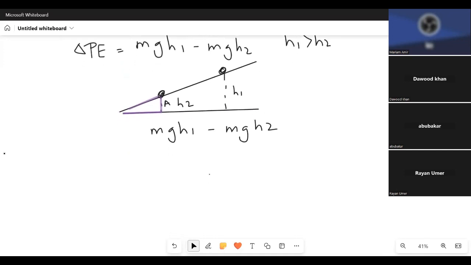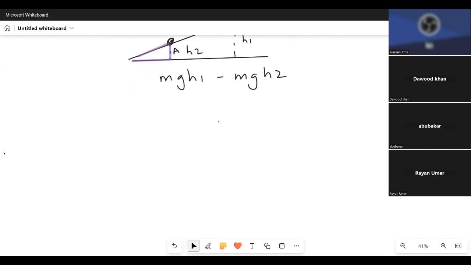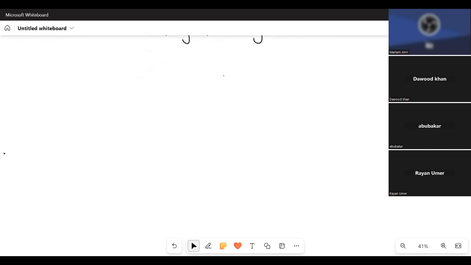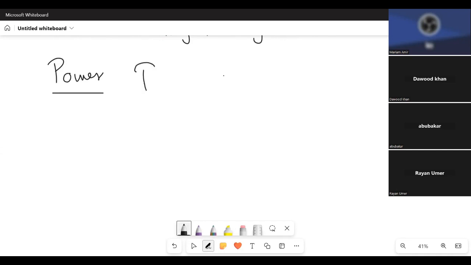Okay, now we talk about power. So the formula for power is, you actually have two formulas.